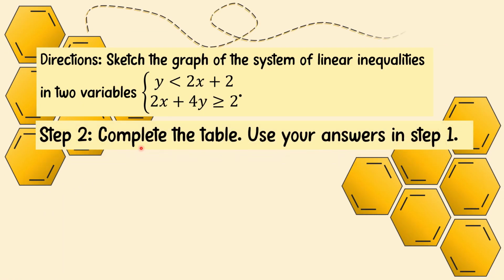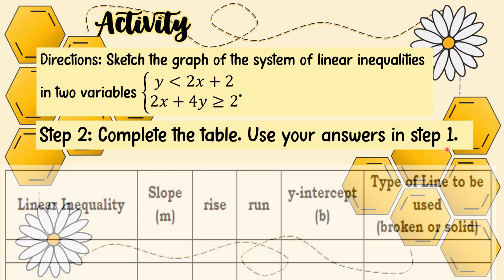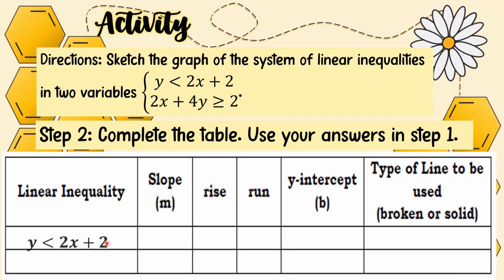Step number 2, complete the table. Use your answers in step 1. So this is the table, and this is our first linear inequality in step 1. We are going to identify the slope, rise, run, the y-intercept, and the type of line to be used. Now for this one, our m here is 2. Our rise is also 2.